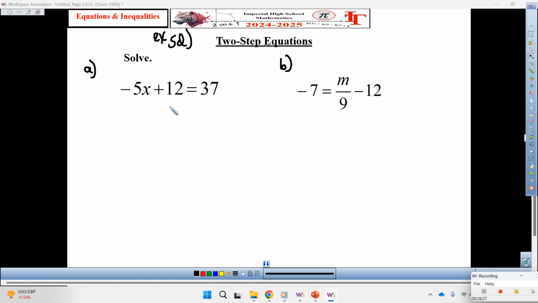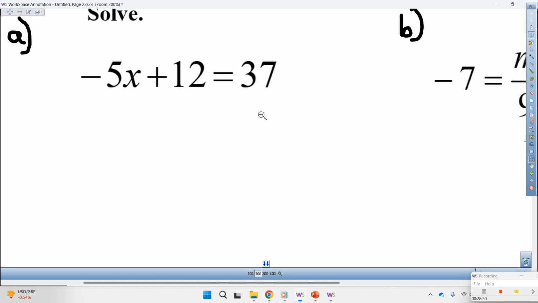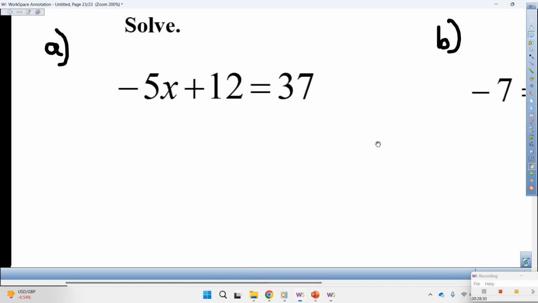Here we go. I'm going to zoom into this one. Example, super Q, and then we got letter A.